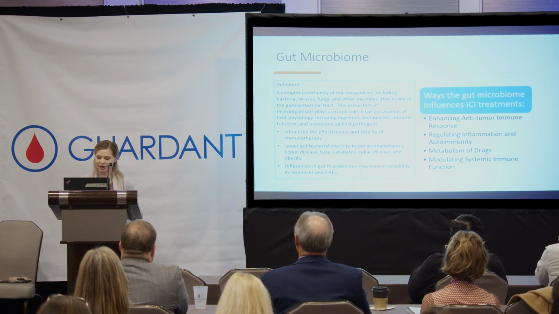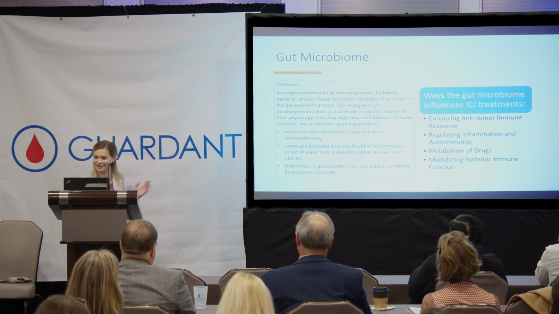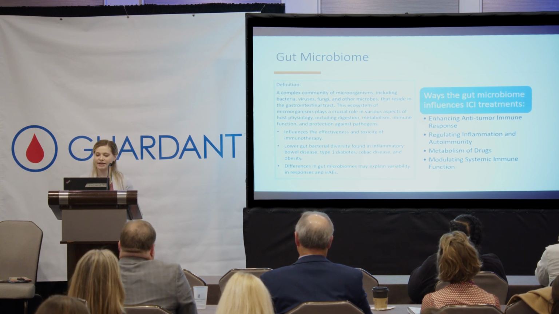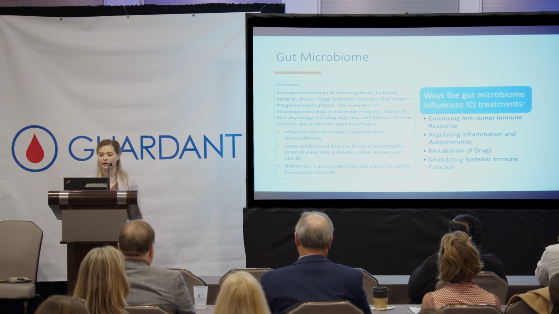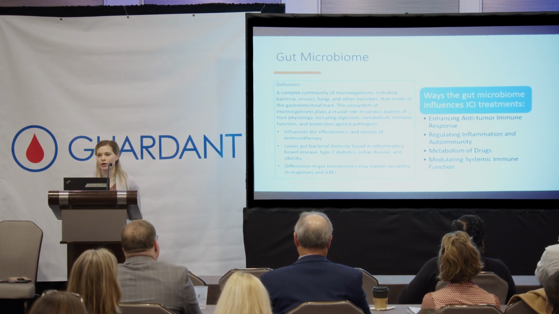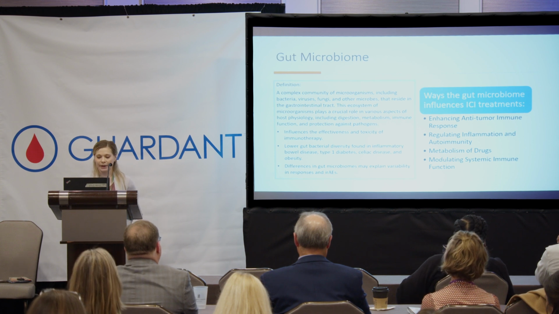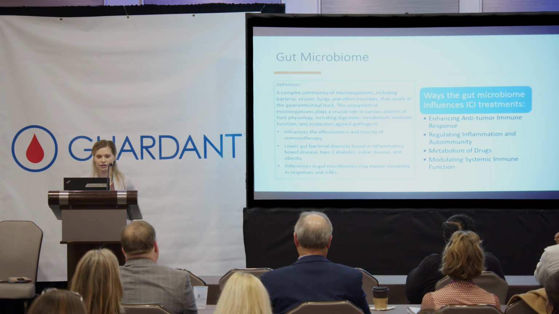Ways the gut microbiome influences immune checkpoint inhibitor treatments. I think some of this was already touched on as well, but it can enhance anti-tumor immune responses. By manipulating the gut microbiome, we might improve outcomes of immune checkpoint inhibitor therapies. It can regulate inflammation and autoimmunity. The gut microbiome plays a key role in regulating immune tolerance and inflammation.